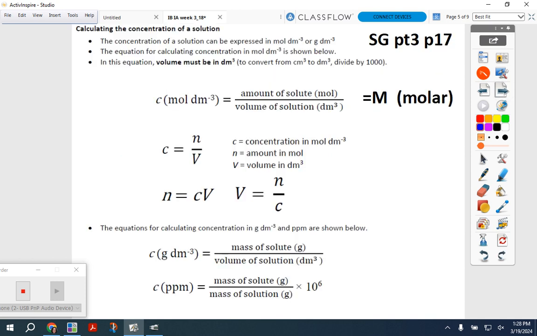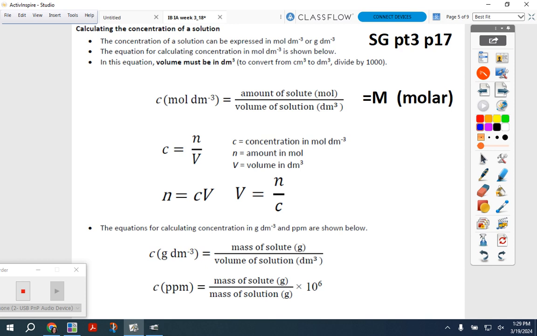All right, so on page 17, this is where you get a bunch of formulas for calculating concentration. And the main one that you're going to use is this one, moles per decimeter cubed. That is what almost everybody uses when we're talking about concentration of solution. It's almost always what you're going to be given the concentrations of solution as in a problem. There are also questions in the question bank asking you for what is the concentration in moles dm to the negative third.